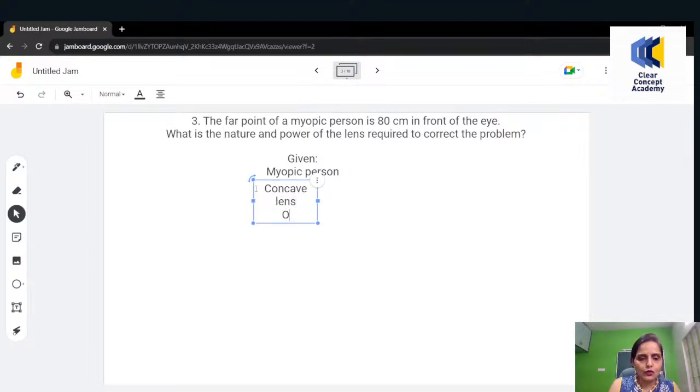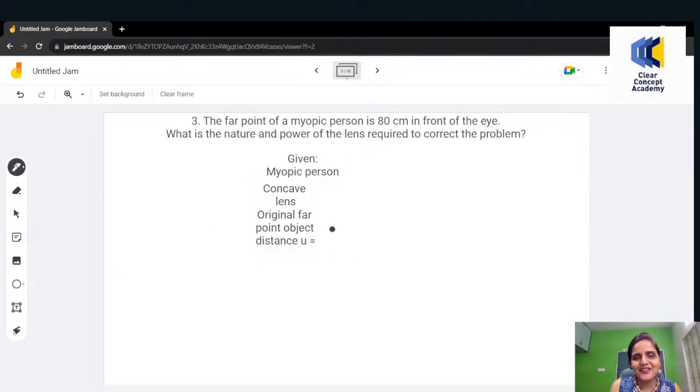So the original far point. What is the original far point of a non-defective eye? The original far point, which is denoted as the object distance, u, is equal to infinity. Then the new far point is treated as the image distance.